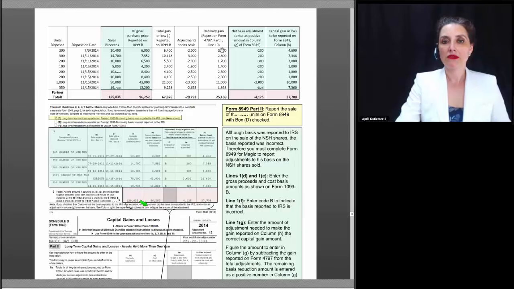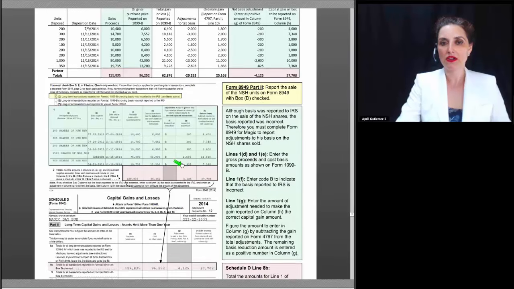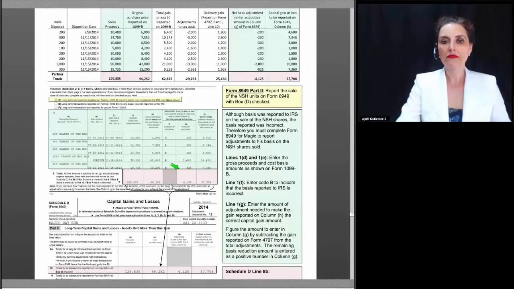Then I have to determine, after I've done these allocations to Form 4797 and adjustments for basis, what my basis adjustment is going to be that I'm going to enter in column G. And I figured that here with these numbers, so that these are the adjustments necessary to be entered in column G all the way down. And although I'm showing negative numbers here, they actually turn into positive numbers here because the point of them is to increase the profit.